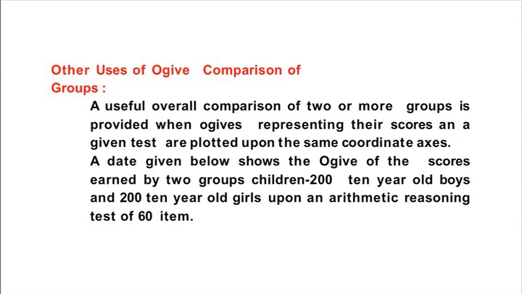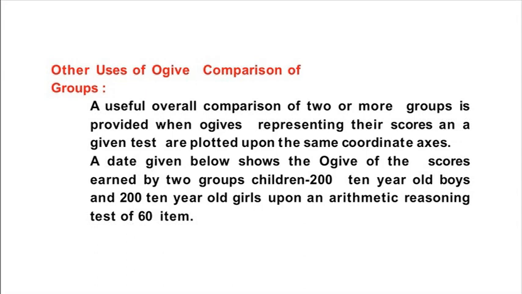you can make a comparison between groups. I will show you. A useful overall comparison of two or more groups is provided when ogives representing their scores on a given test are plotted upon the same coordinate axis.